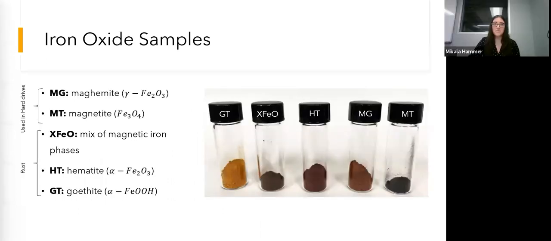All right. Now I'll talk a little bit about the different iron oxide samples that we use and how the factors introduced on the previous slide can be seen in their transformations. In the photo from left to right, we have 5 different samples. They are Quadtite, a sample that we termed XFEO, which is a mix of magnetic iron oxide phases, Hematite, Megamite, and Magnetite.